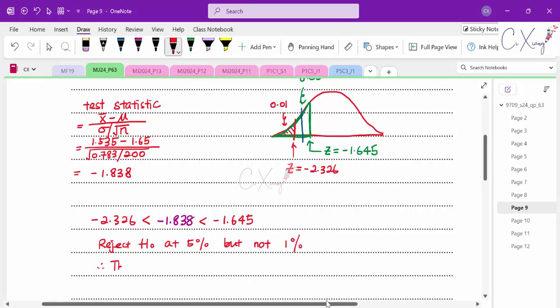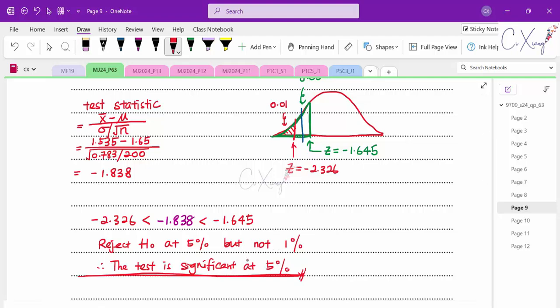That means the test is significant at 5%. Alright, so this is how we get the answer for part C.